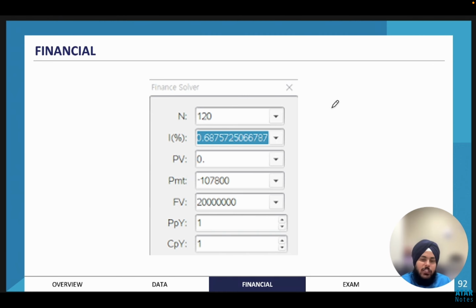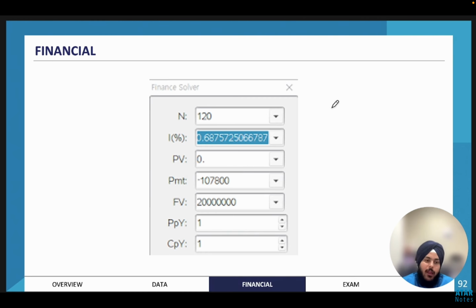Payment is for any additional payments. For example, in a loan, you might be making payments to pay off that loan. Or if it's an investment, again, you will be making payments, or you might be getting payments, for example, if it's an annuity. Then the future value is how much money you have after the time period, for example after 2 years.